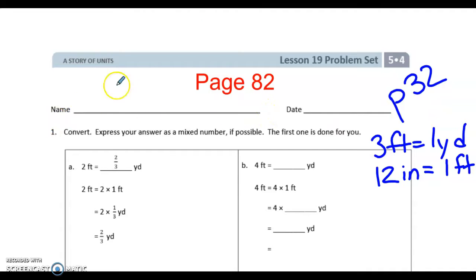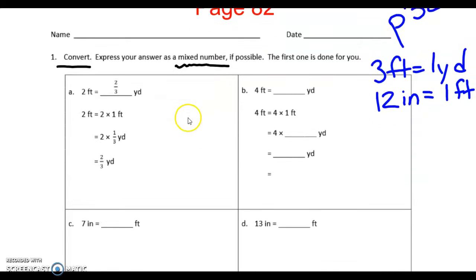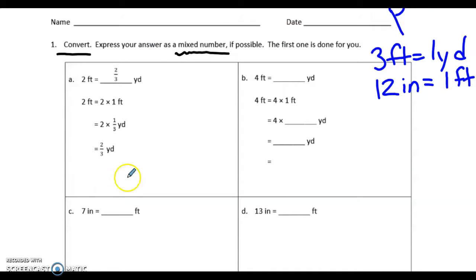Now in here, the directions ask you to convert, right? Put it into a mixed number if possible. And they did the first one for us. Now notice that in this one here, they just went ahead and did it in number form. Okay? That is certainly acceptable. Right? I'm not worried about it.